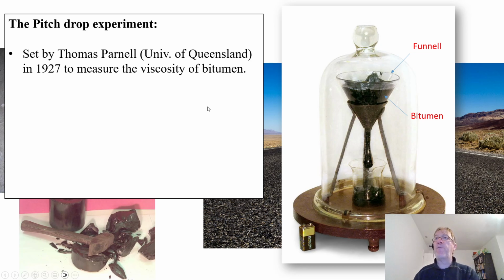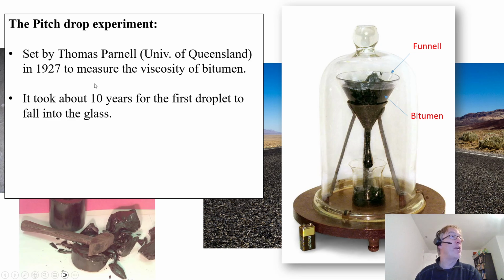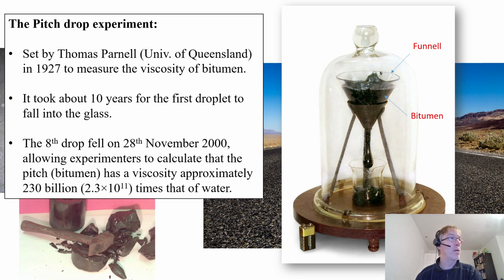Now, I think from memory, something like 10 years it took for the first drip, 10 years for the first droplet to fall into the glass. And I think this experiment to this day is still running. I'll have to double check that.